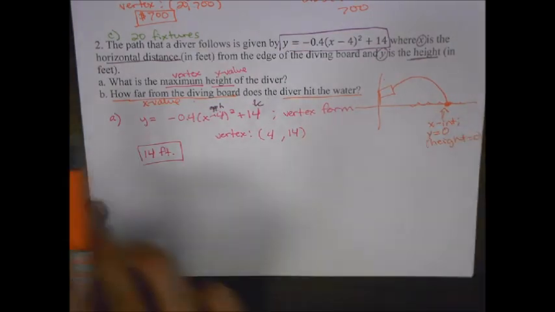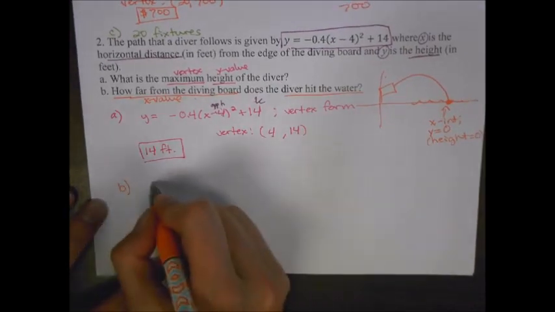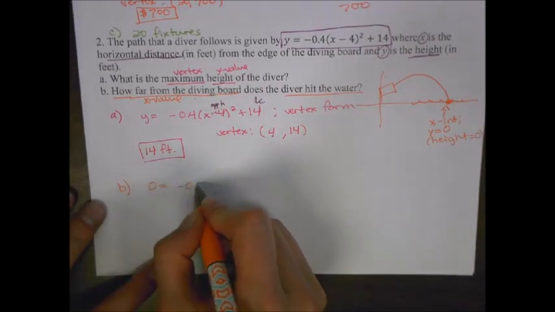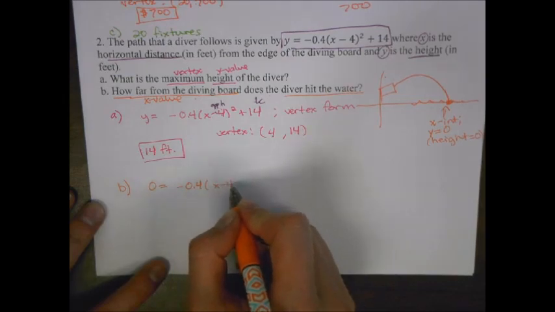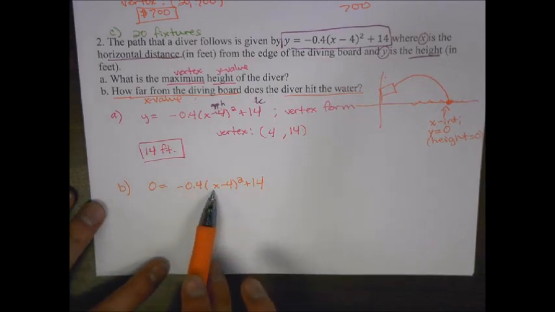So we're going to make y equal to 0: 0 equals negative 0.4 (x minus 4) squared plus 14. We have to solve for x.